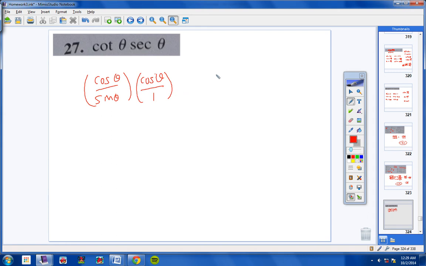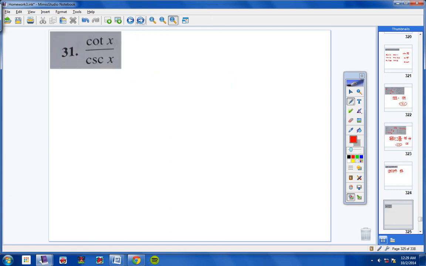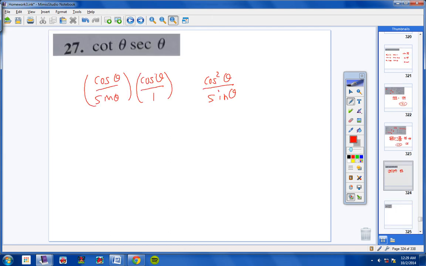And so if we multiply those, we'll get cosine squared over sine. All right, and maybe I should turn to the back of the book and see how we do on these. We're doing 27 through 43, every other odd. Let me quickly pause this and turn to the back of the book to make sure that we're simplifying these as far as we can go. Hold on one second.